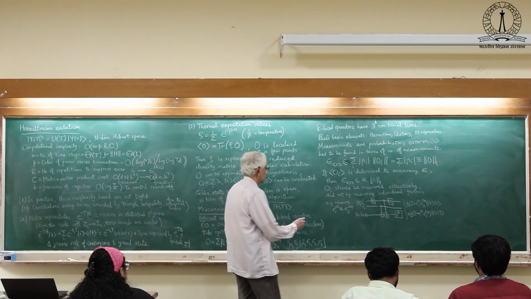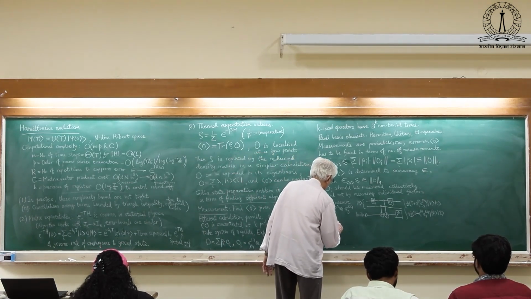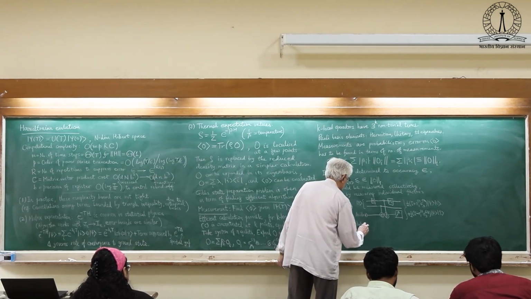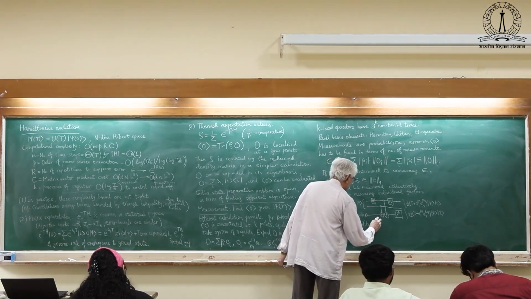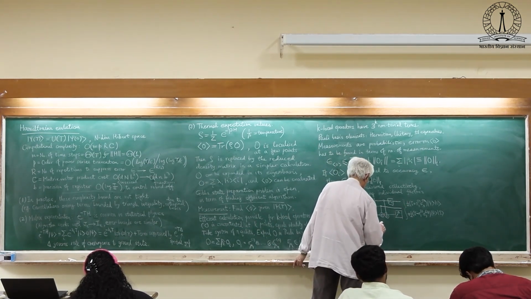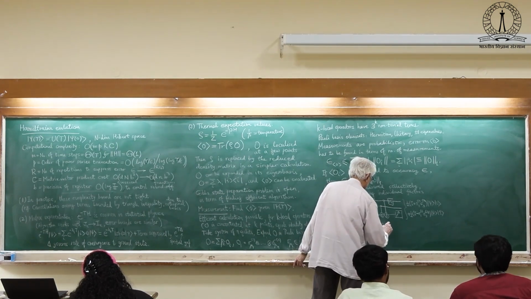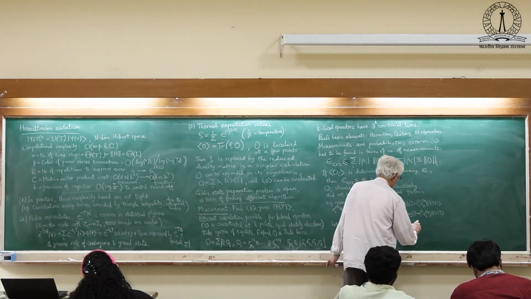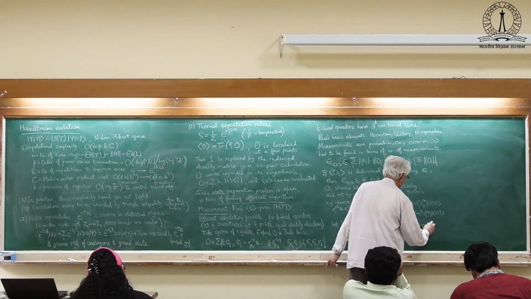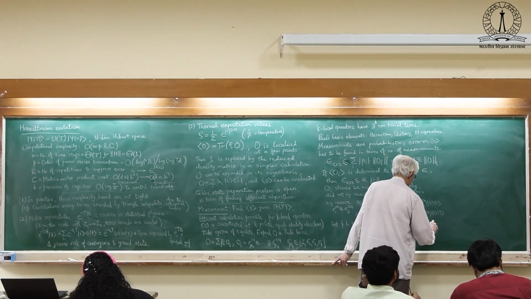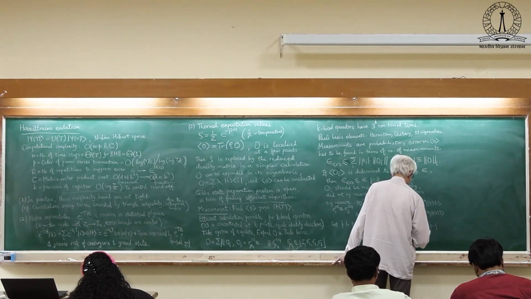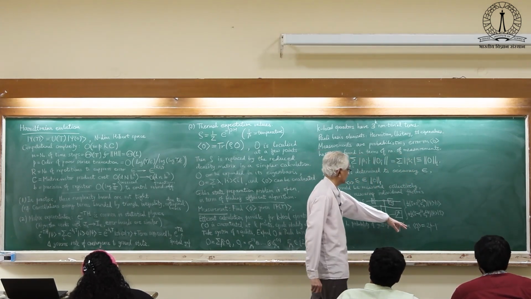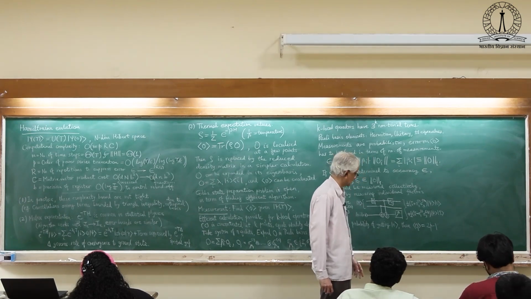So let P be the probability of getting 0, then the expectation value is 2p minus 1.